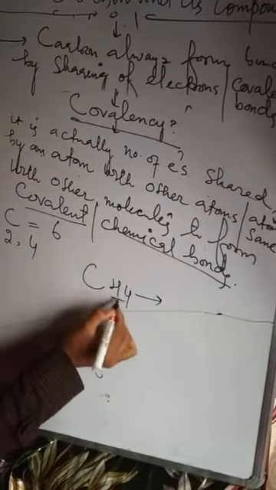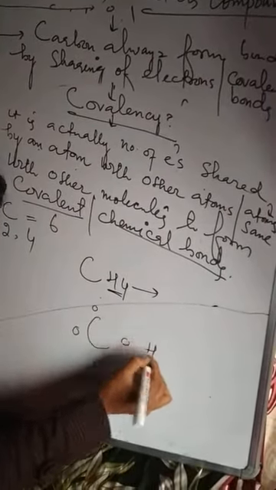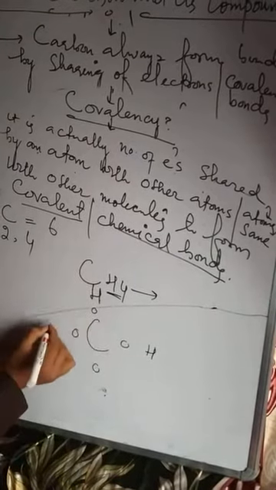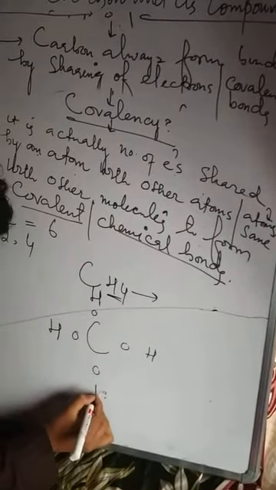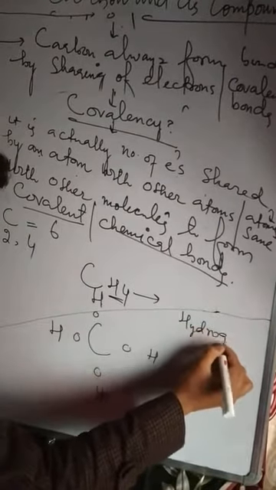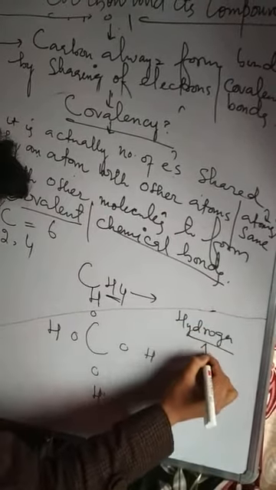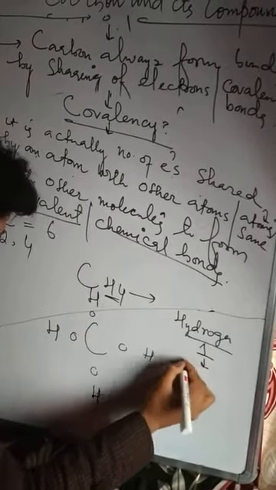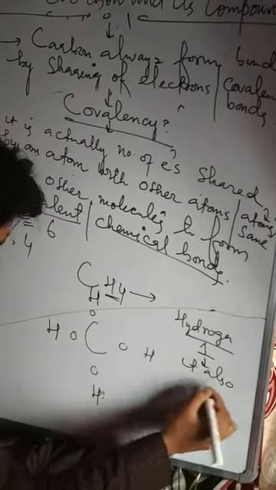Now we have 4 hydrogens. This is the first hydrogen, the second hydrogen, the third hydrogen, and the fourth hydrogen. Hydrogen has atomic number 1, which means its valence shell contains 1 electron.